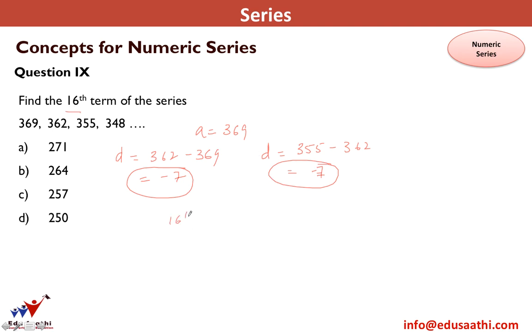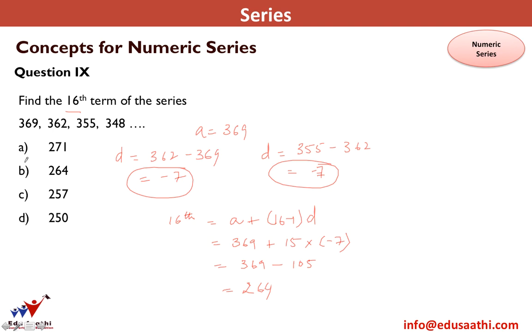So the 16th term would be A plus (16 minus 1) into D. What is A? A is 369, plus 15 multiplied by minus 7 here. So this gives me 369 minus 105, or 264.